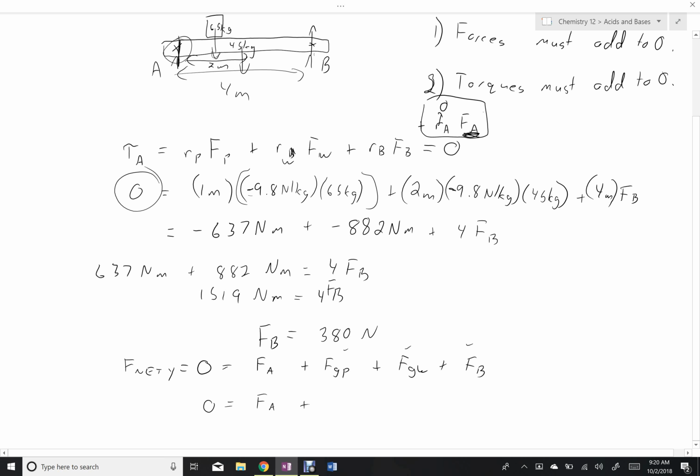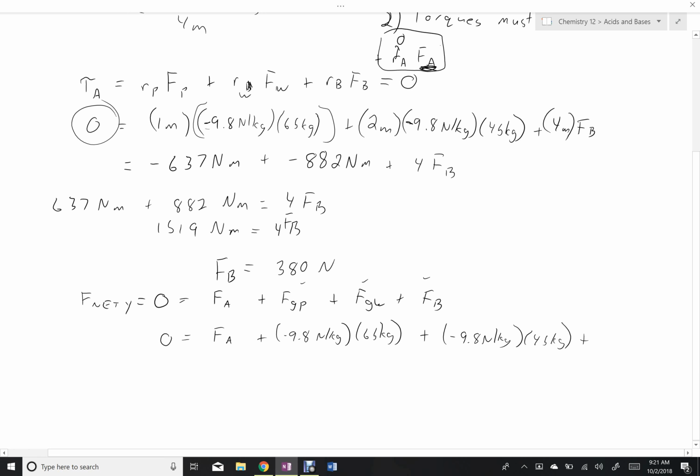FA plus negative 9.8 newtons per kilogram times 65 kilograms, plus negative 9.8 newtons per kilogram times 45 kilograms, plus 380 newtons that I found right here.